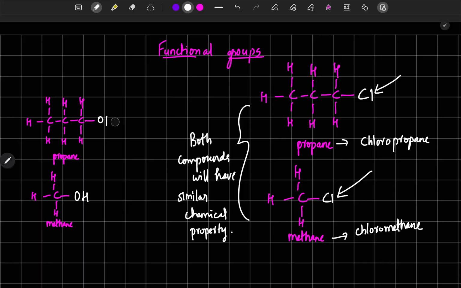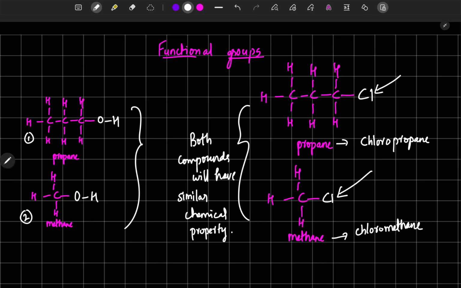We can also write it like this, O bonded to H. Both are fine. Now the number of carbon atoms in the first compound and the second compound is different, but both will have the same chemical properties in this case also. Now the question is why?